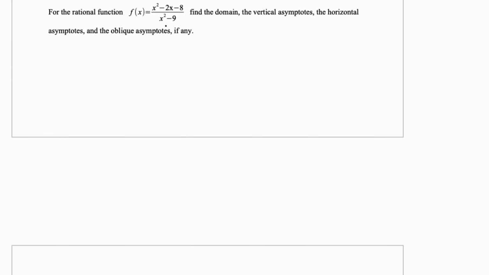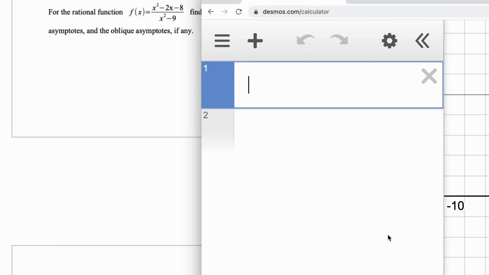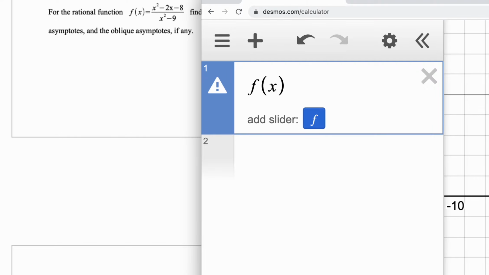So the easiest way to identify asymptotes would be by graphing the function and looking at the graph. So I'll go to desmos.com and let's type in this function.